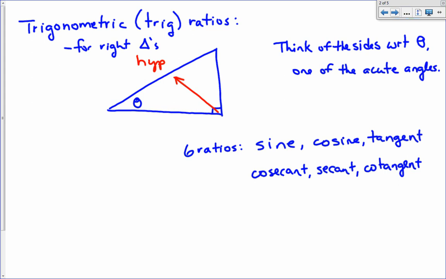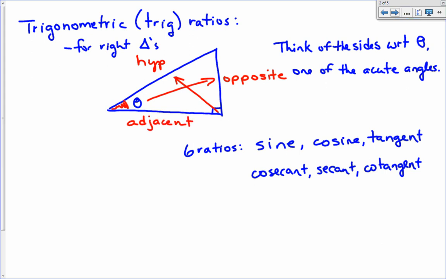Then there's generally going to be a reference angle, so one of the two acute angles in the triangle is the one under consideration. From that angle, draw an arrow to the side that's across from it, or opposite it, and that side we'll call the opposite. We'll usually just write OPP for opposite. And then the leftover side is the adjacent.